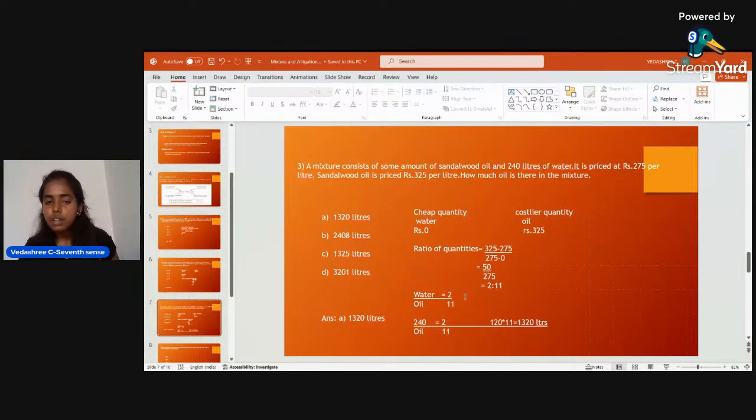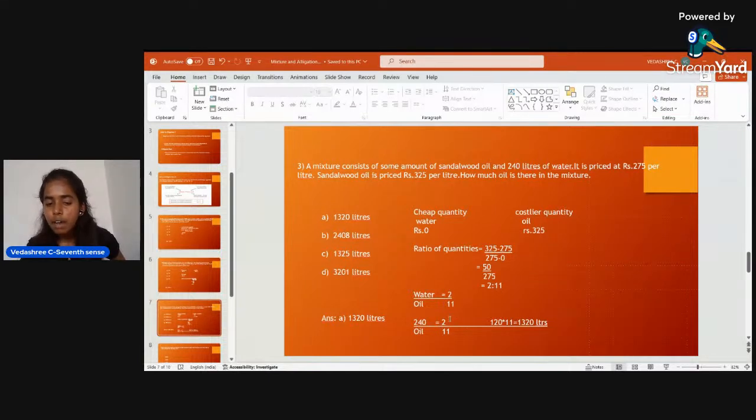Next, in the question it is given to calculate the quantity, not the ratio. So quantity of water divided by quantity of oil is equal to the ratio, 2 divided by 11, which has been calculated here. We know the quantity of water, that is 240 liters, divided by oil, because we need to calculate the quantity of oil, is equal to 2 divided by 11.